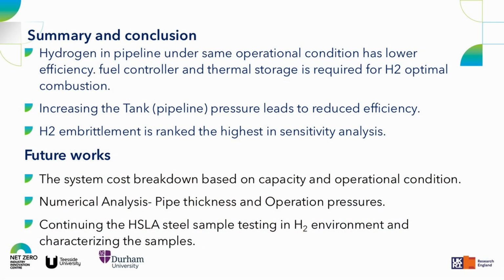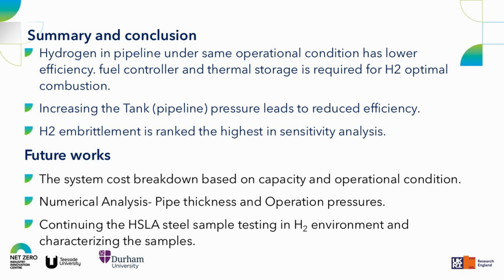So if we want to summarize our achievements up to now, we can say that under the same operational condition, air energy storage system has higher efficiency, but we're taking a route which leads to higher efficiency with hydrogen. Increasing the tank pressure leads to reduced efficiency, because if we increase the pressure in the tank, this requires higher energy and power from the compressor to compress hydrogen into the tank.